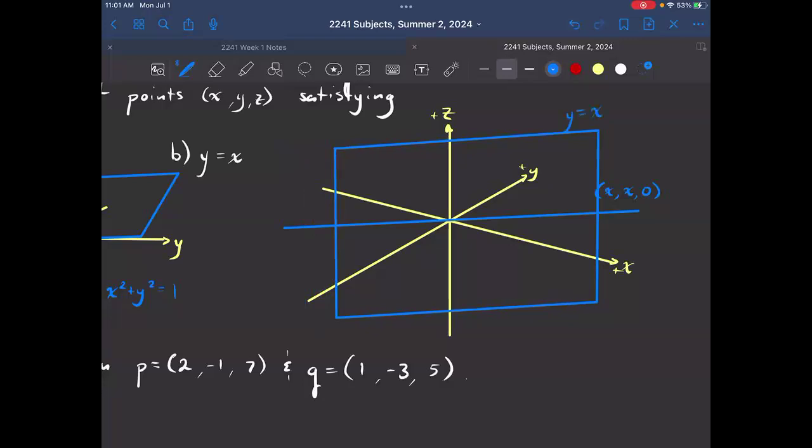in R3. Now, if you can imagine something like R4, I can't, there should be even more solutions to this. There should be an entire three-dimensional space of solutions in R4 to the equation y equals x.